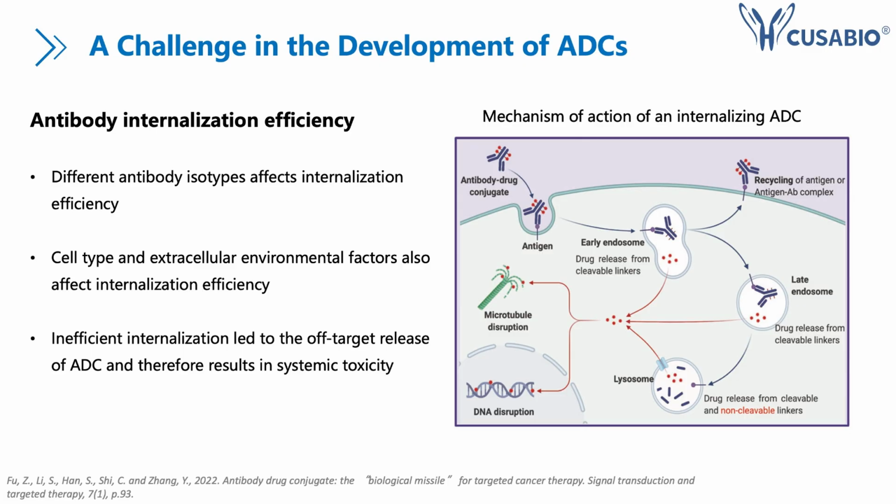You see that after the ADC is internalized and degraded, whether in the early or late endosome or the lysosome, the payload is expected to be fully released, right? The internalization rate and the kinetics of endosomal-lysosomal trafficking upon tumor antigen binding to the ADC can directly influence efficient payload release, as well as cancer cell killing.